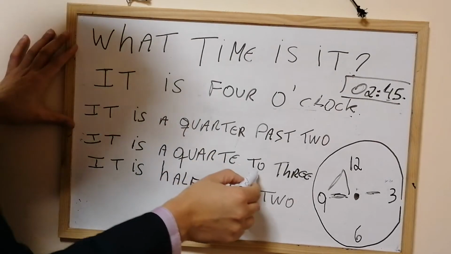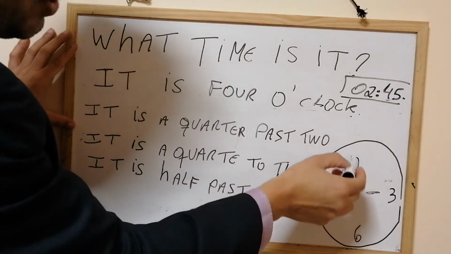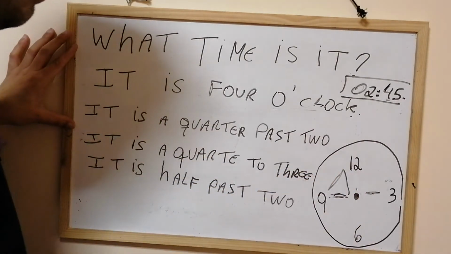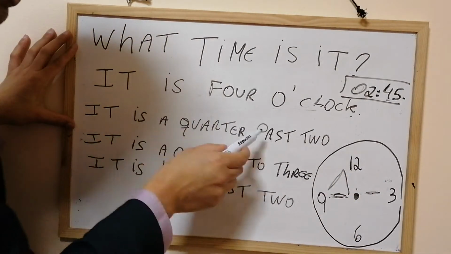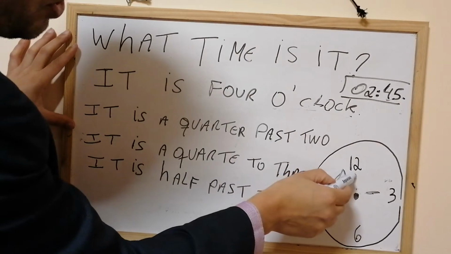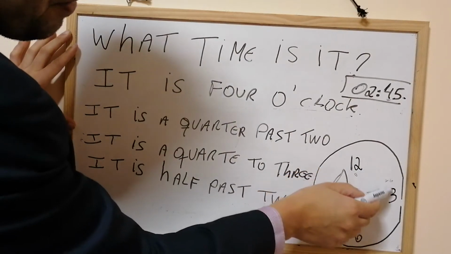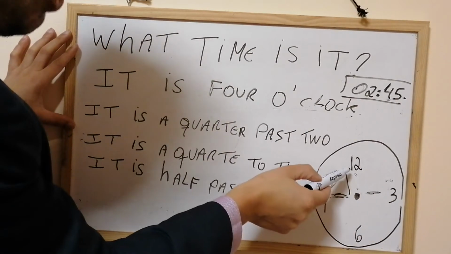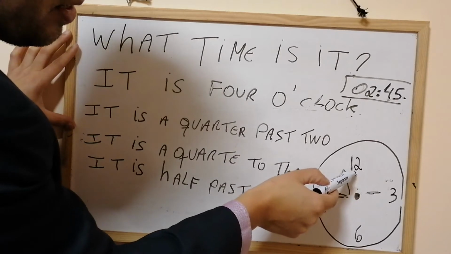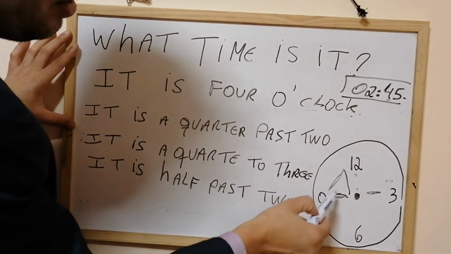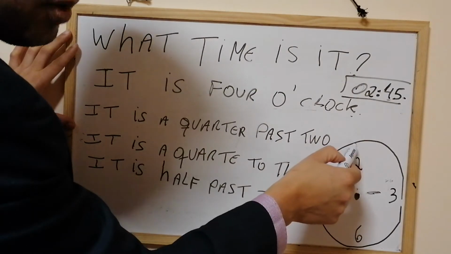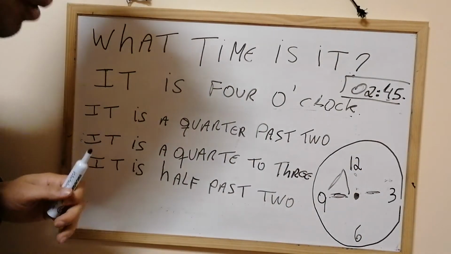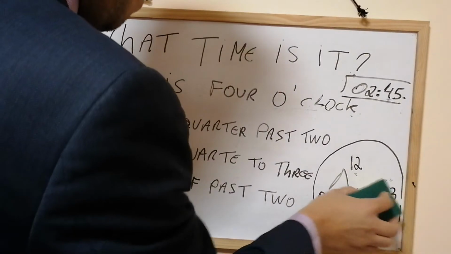So we say 2 because it's nearly the hour completed, okay? Just remember, the first one we say it's past because the hour was completed and then 15 minutes passed. But when the hour is nearly completing again, so we say that it is a quarter to the next hour, okay?